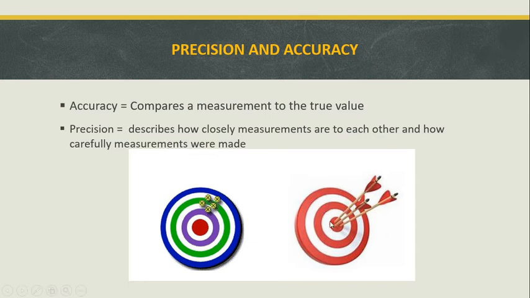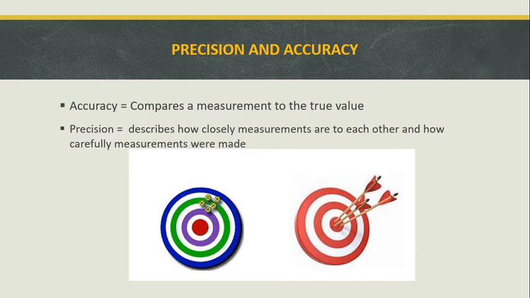That is called accuracy. Here the three arrows achieve the target, so we call it accuracy. In the dart board, all the dots are closer to one another, but they do not seem to achieve the center of the dart board. So we call it precision, but it is not accuracy.